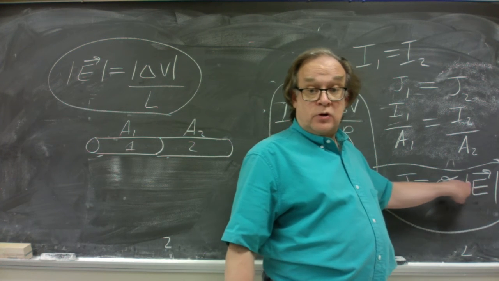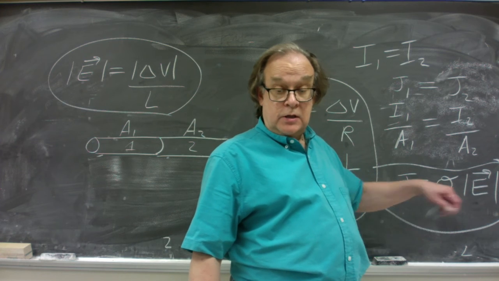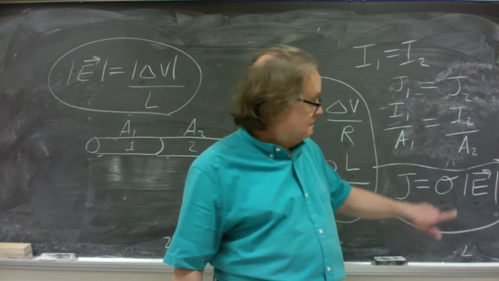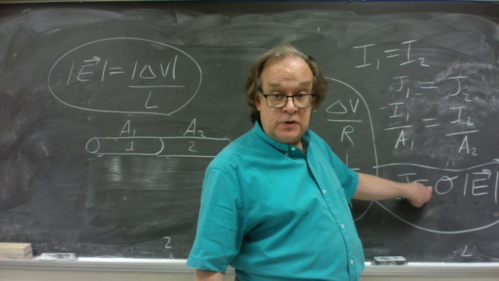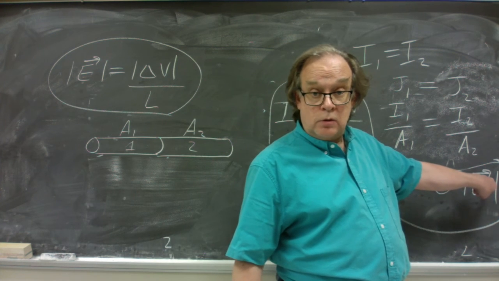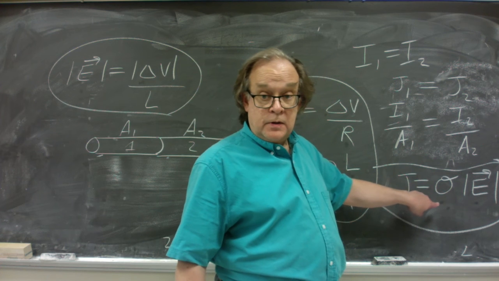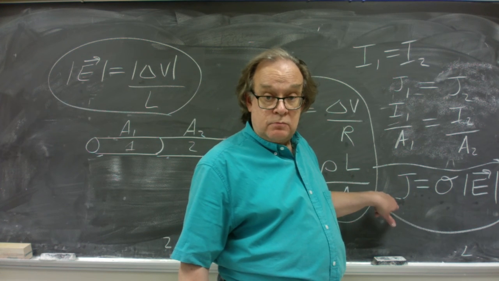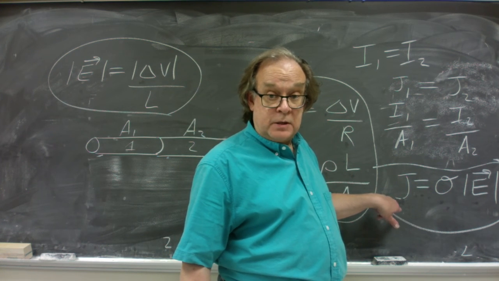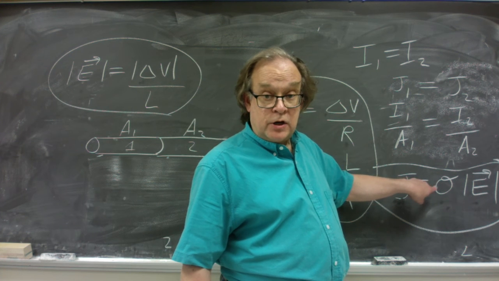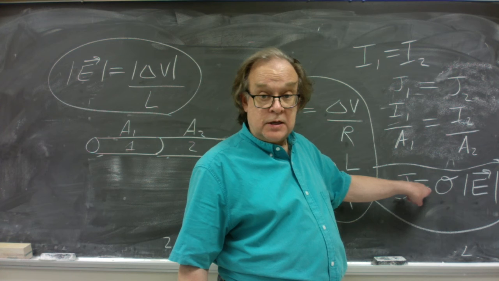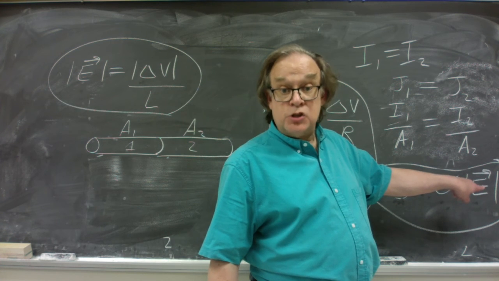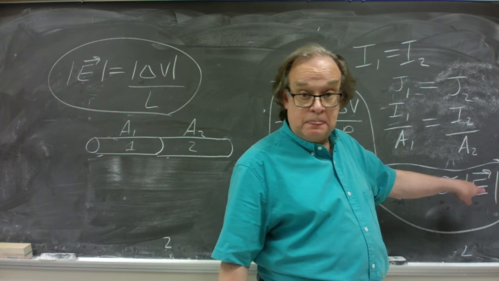So that means electric field strength has to be different in both segments, right? To keep this constant, if this gets larger, this has to be smaller. So to get the same J current in both segments, the better conductor, the material with the higher value of conductivity, has the smaller electric field.